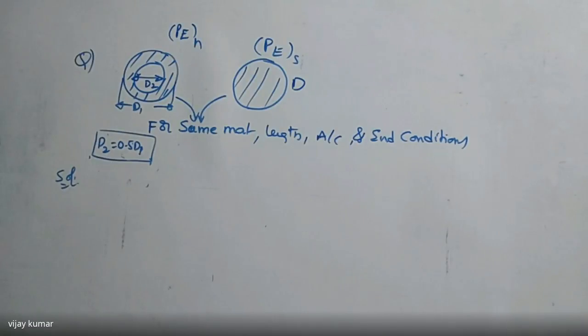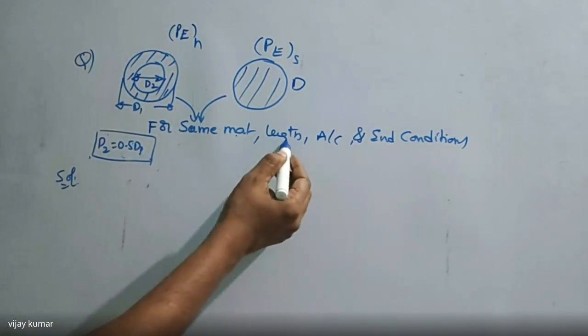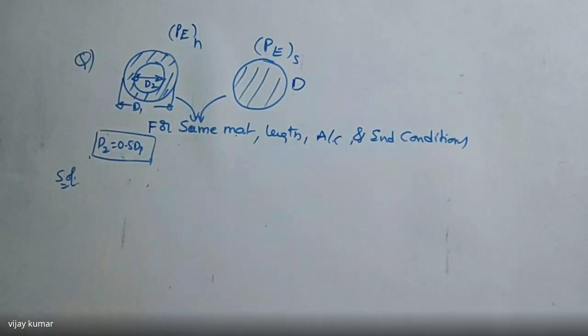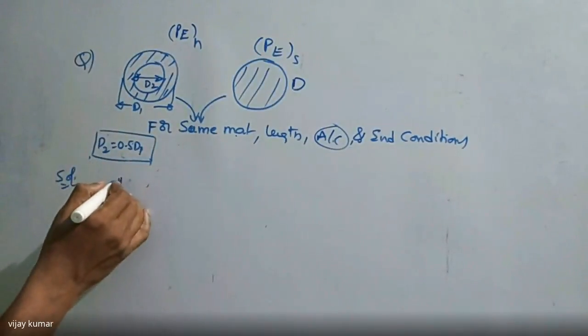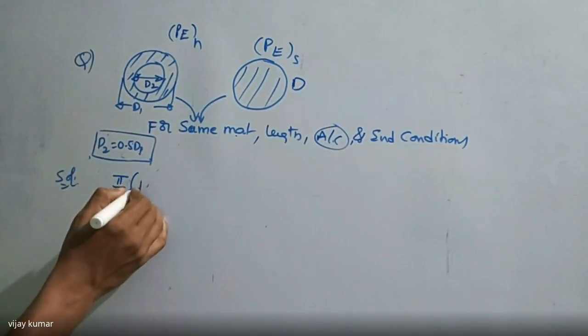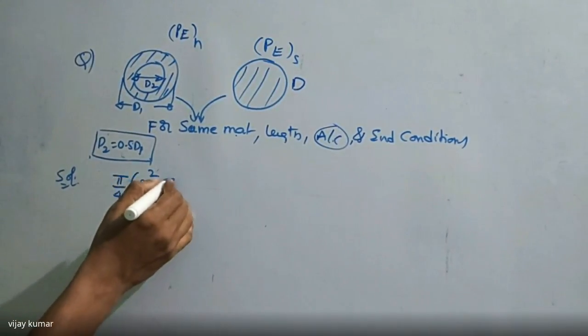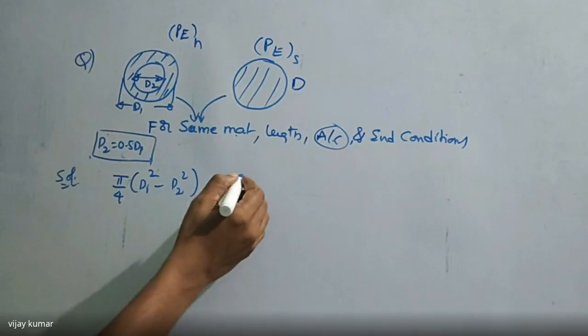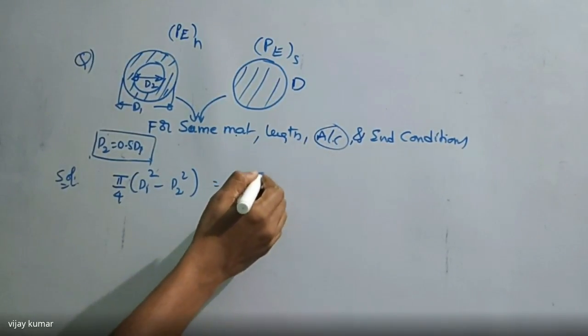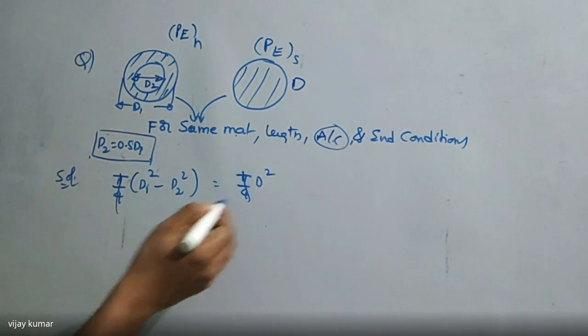Right, this is also very simple. They will ask any type of question in the GATE examination. So here, for same material, same length, the area of cross section and the conditions are same. So area of cross section is same here. For the area of cross section of hollow, pi by 4 into d1 square minus d2 square is equal to pi by 4 into d square. Pi by 4 both are cancelled.